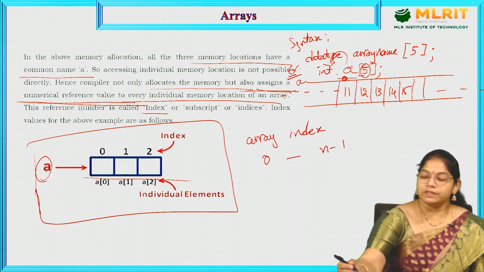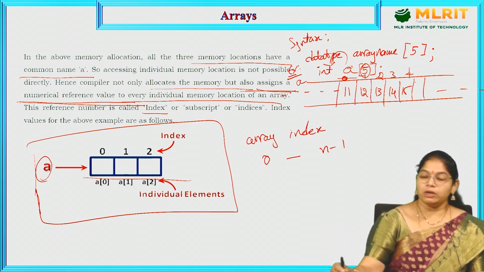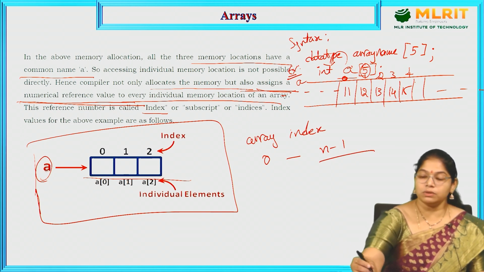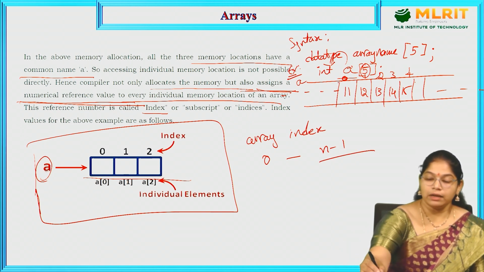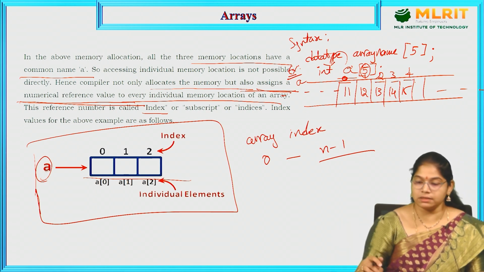So here we have 0, 1, 2, 3 and 4, because the size of the array is 5, 5 minus 1 is 4. So this becomes the numerical reference of the value. Then how to access the elements?